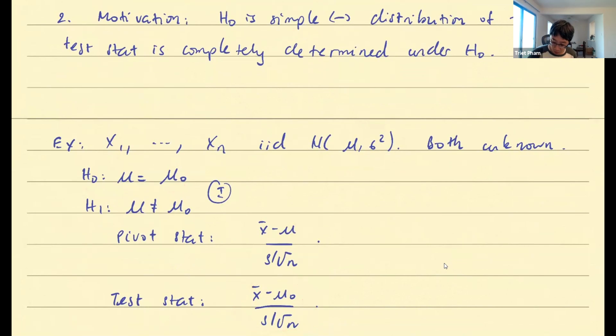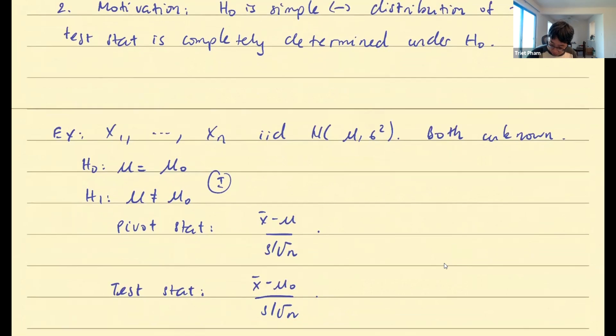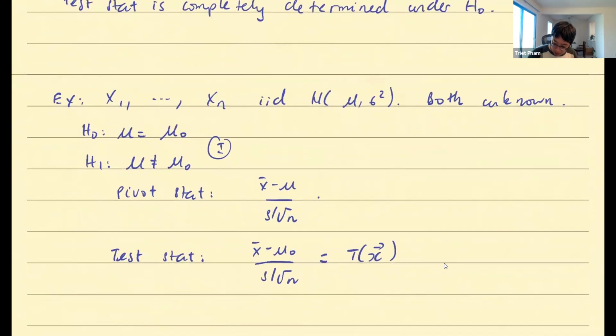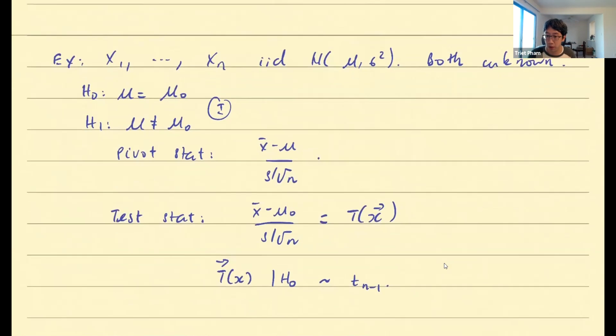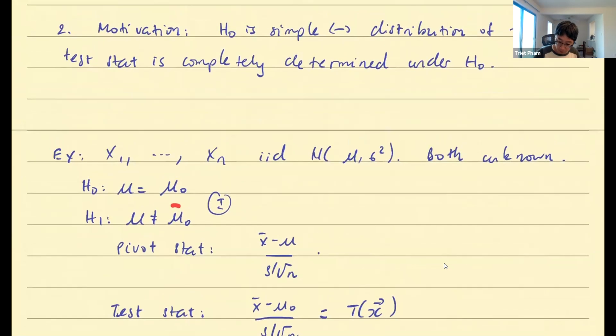In other words, if I call this T of X, then the distribution of T of X under the null is a T distribution with n minus 1 degrees of freedom. Okay, so that is exactly the point of point 2.